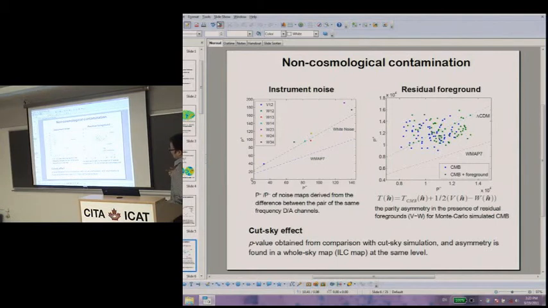But here we did not find that anomaly a Planck effect, because we estimate the p-value using the Planck simulation. So the Planck effect is in the simulation. And we also checked this symmetry using the Planck CMB map, the IRC map with foreground masks, and we got the same symmetry at the same level. So we did not find a definite cause.